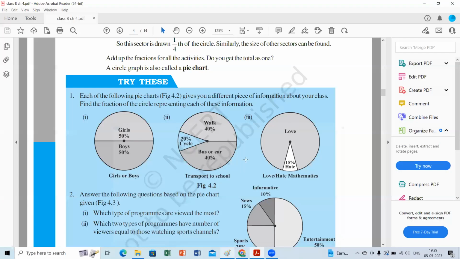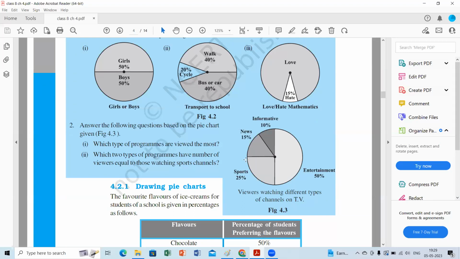Now, coming to our part of questions, answer the following questions based on the pie chart given here. Which type of program is viewed the most? By looking only, we can answer, children.